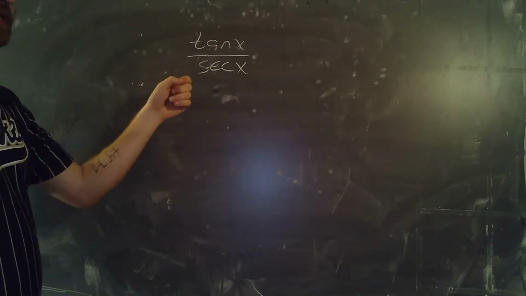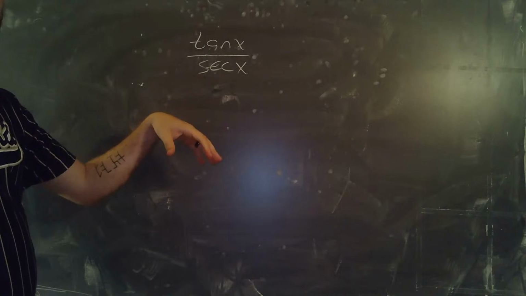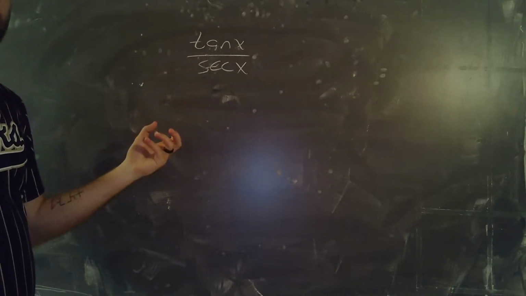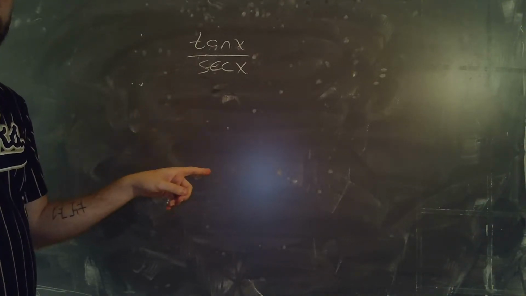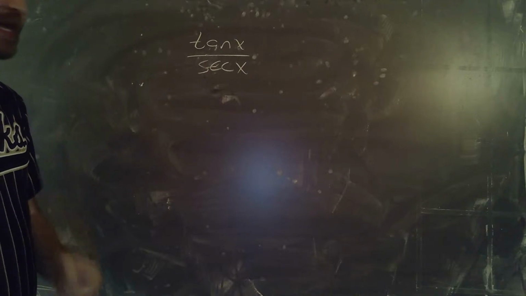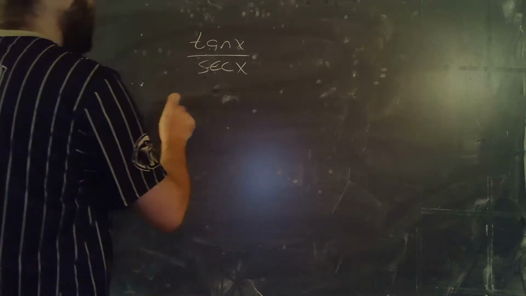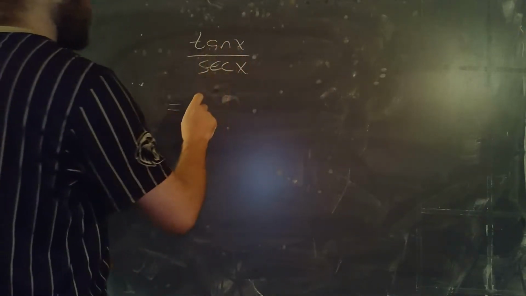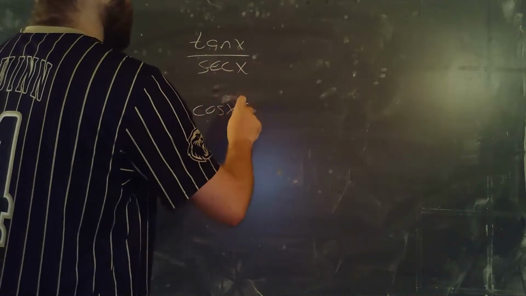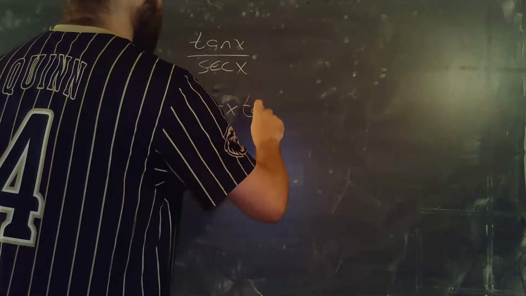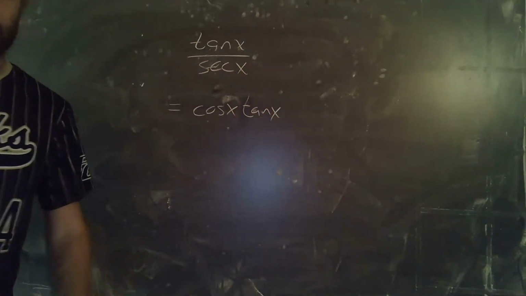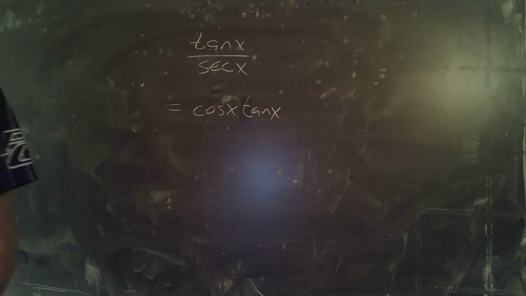So secant is defined to be 1 over cosine. Similarly, cosine is defined to be 1 over secant. So what that reciprocal identity tells you is that we can rewrite secant on the bottom as cosine on the top, thus eliminating the fraction.